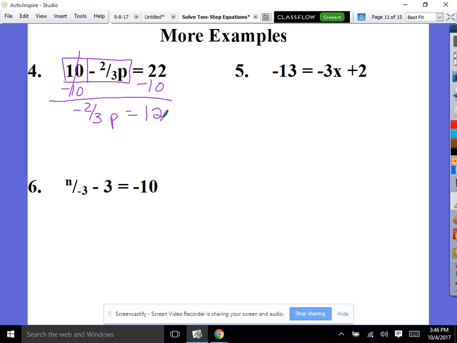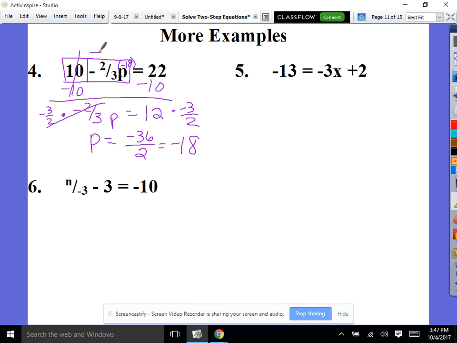So we're dividing because it's a coefficient, but when we divide by a fraction, we actually multiply by its reciprocal. So that cancels out, leaves us with p equals 12 times negative 3 is negative 36 divided by 2, which equals negative 18.